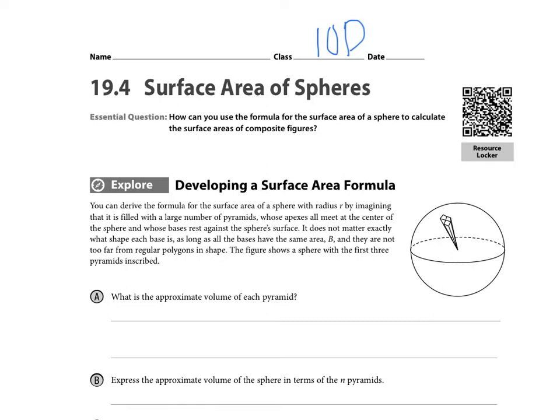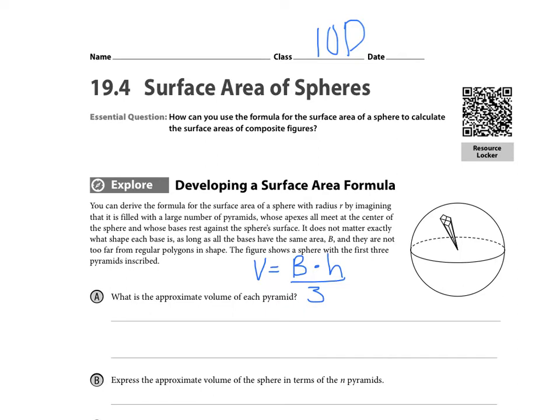So, of course, we know the volume of a pyramid formula is base times height over 3.